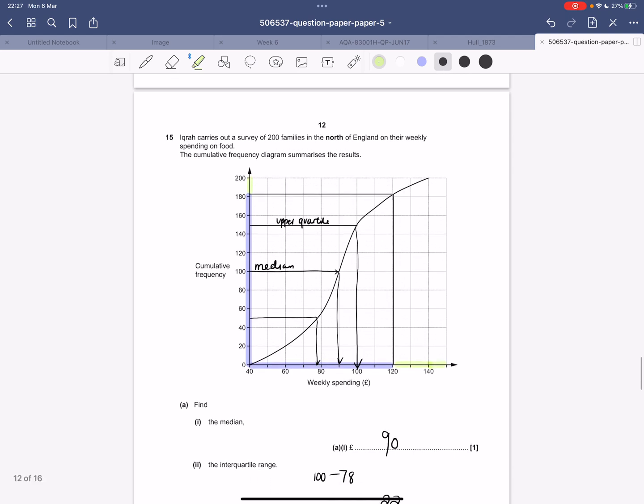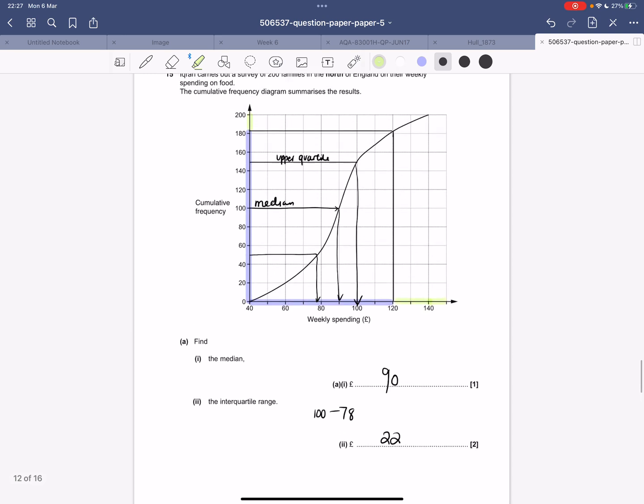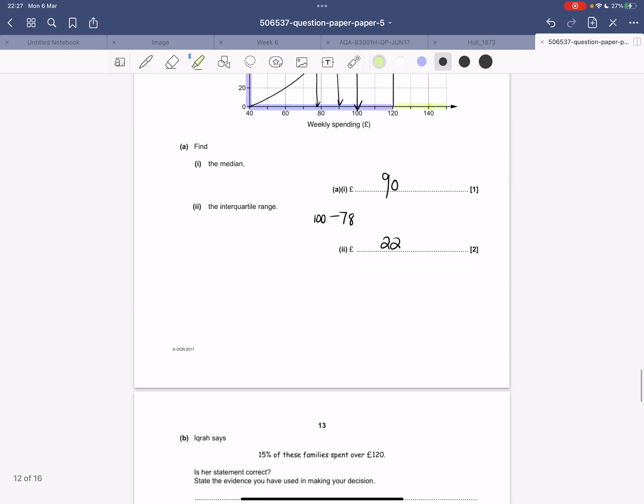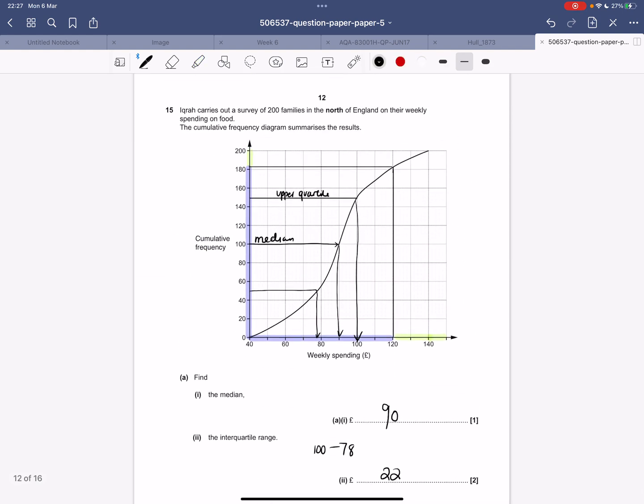So we've got 18 out of 200 people. That's 182, so we've got 18 in that category and 182 in that lot there.